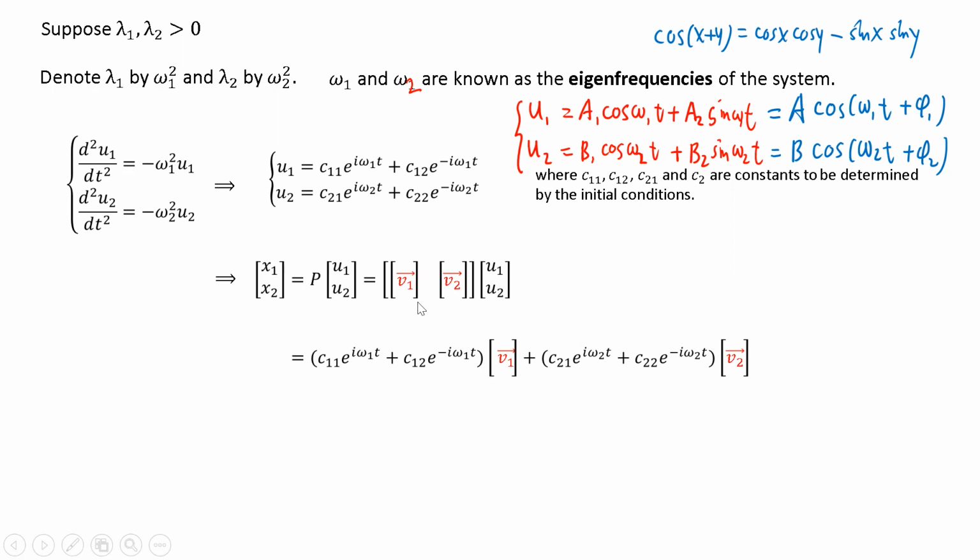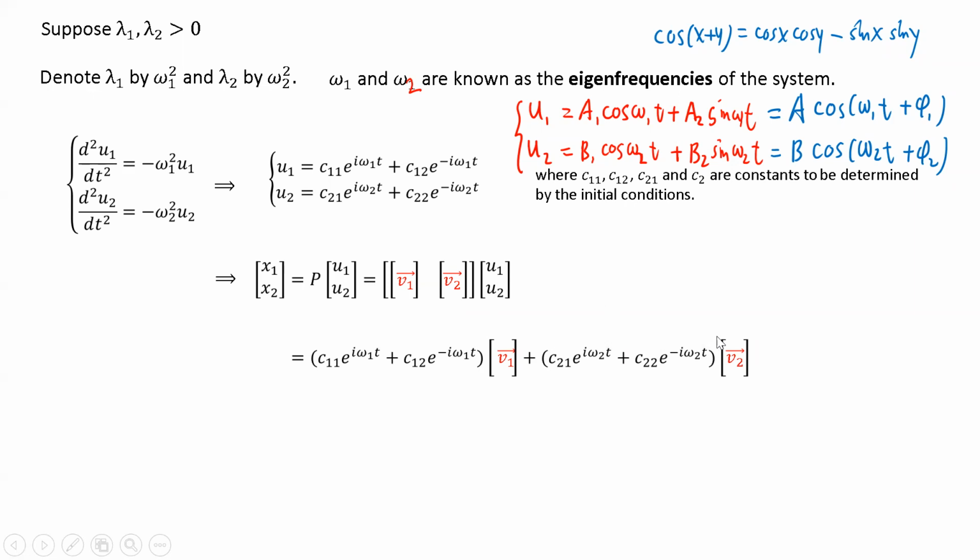Okay, so that means I can write this system as this. Here, this whole thing is my u1, and u1 goes with the first eigenvector, and then plus u2, whose terms go with the second eigenvector.